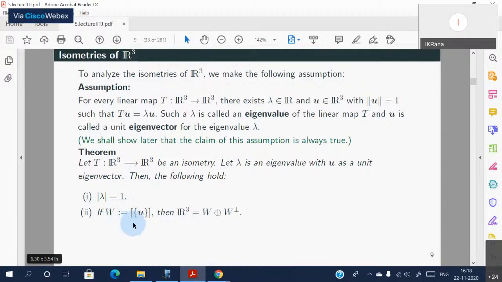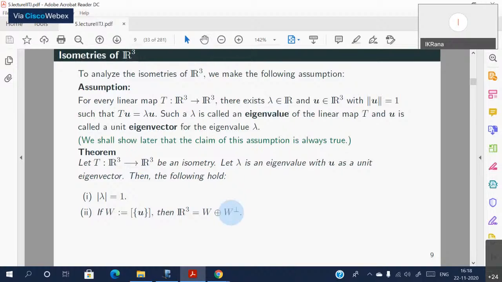That means if you take a point alpha times u, then T of alpha times u is alpha times T of u. That will again be a scalar multiple of u, so that again will be an eigenvector. So that says this is an invariant subspace, and W perpendicular also is an invariant subspace.